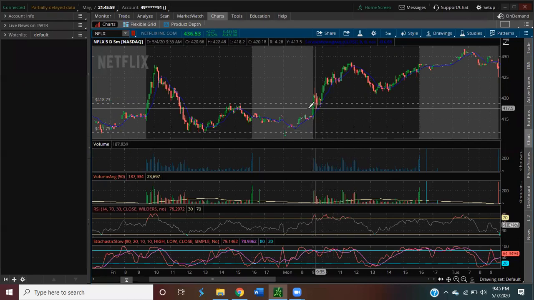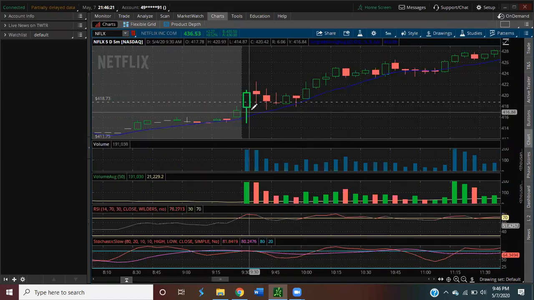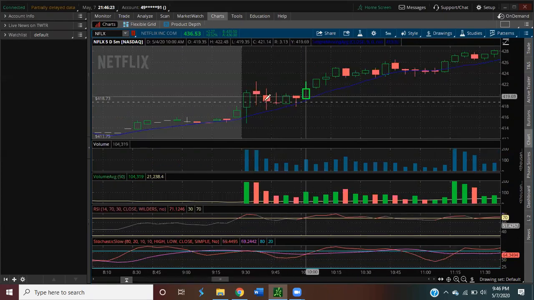If you would have been in this day here, I typically don't like to trade the first 15 to 30 minutes that the market is open. But if you do, you can see here when Netflix broke above this resistance, it ran up from 418 to 420, and it was kind of just stagnant right here for a while.